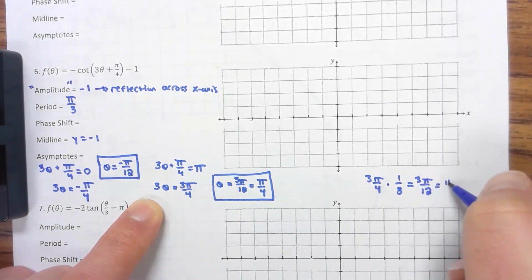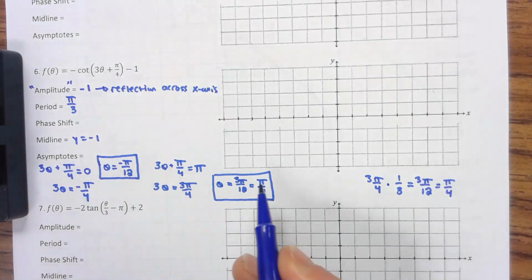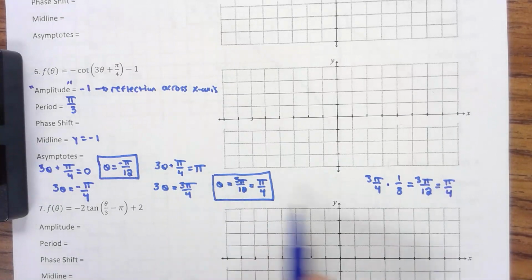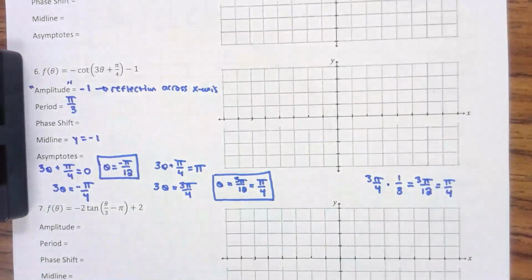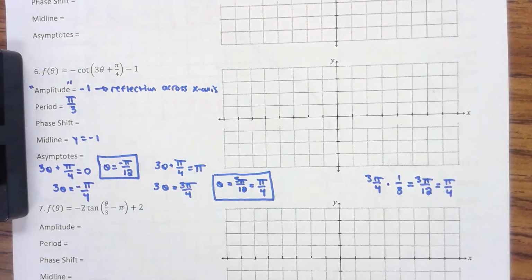And that reduces down to pi over 4. Okay, so it's just me doing the division, but instead of me dividing it, how we divide fractions, we take the numerator, multiply it by the reciprocal of the denominator. Okay, exact same work we saw when we were finding the phase shift, or factoring out that value from the phase shift there. Other questions here?